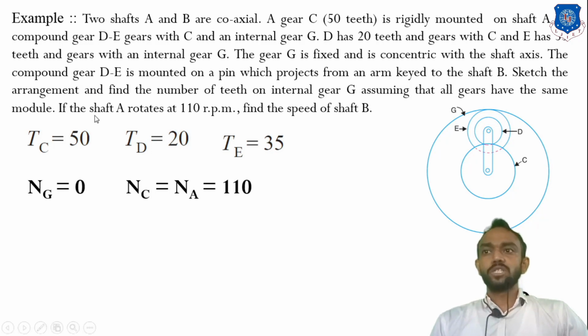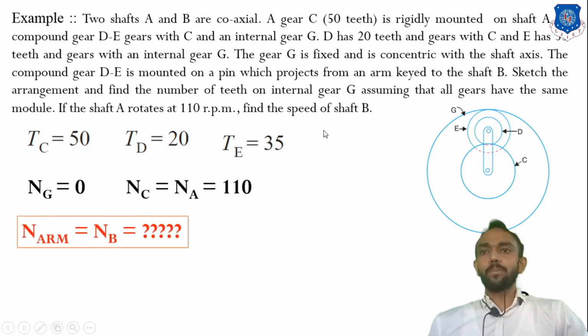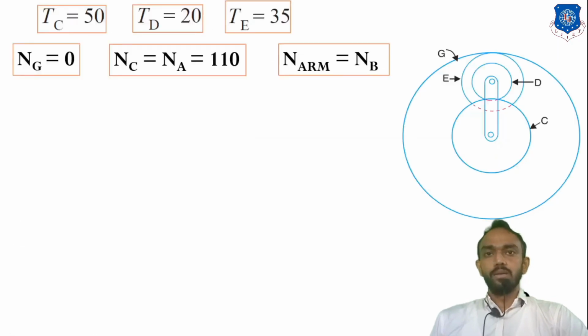Gear C is on that shaft, so the RPM of gear C and shaft A will be the same, and here no direction is given, so we take the positive value. Okay, let's start. So find the RPM of shaft B, meaning the RPM of the arm. We have to find the RPM of the arm.